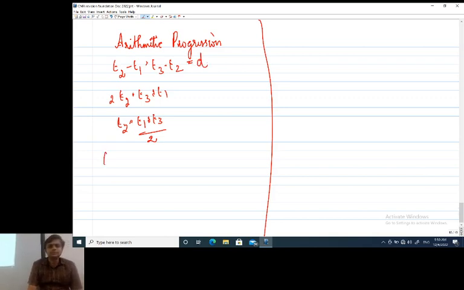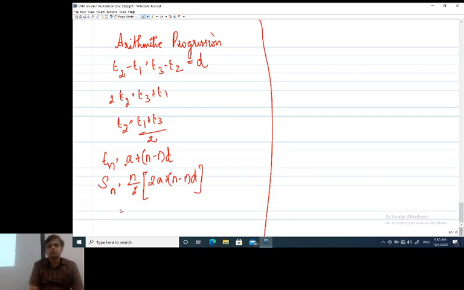The nth term of a series is always given by A plus n minus 1 into D, where A is the first term of the series. Summation up to n terms is given by n by 2 into 2A plus n minus 1 into D, or 2A can be written as A plus A. If you add one of the A's to the remaining bracket, you get Tn.